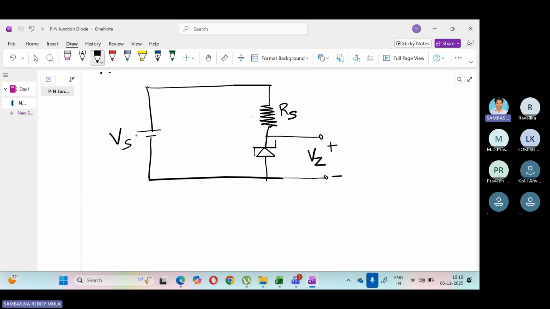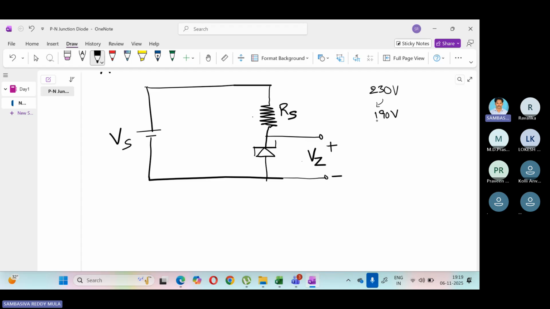Okay, voltage regulator we know. Stabilizer is one of the examples of a voltage regulator. So how it functions, we know. Even though there are large voltage fluctuations, if the Zener breakdown that is used in the stabilizer is 230 volts, generally it is lesser than 230 volts, some 190 or 200 volts.